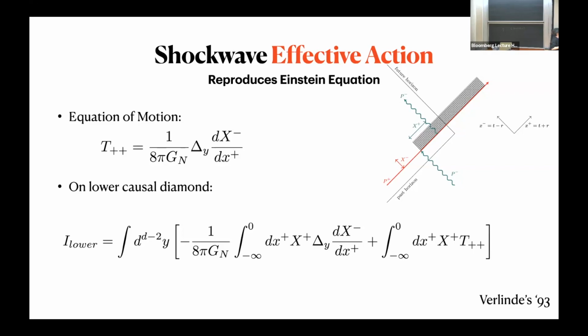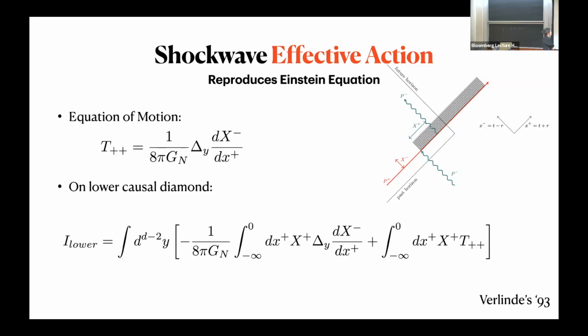And that's related to the stress tensor of the energetic particle, T++. And this equation of motion, you can write down an action that would generate it, and I think it was first written down in this paper in '93.